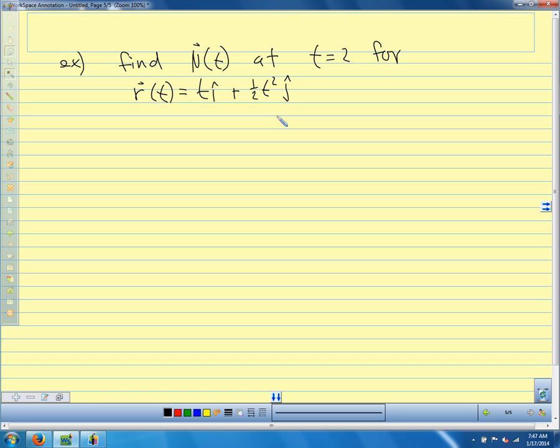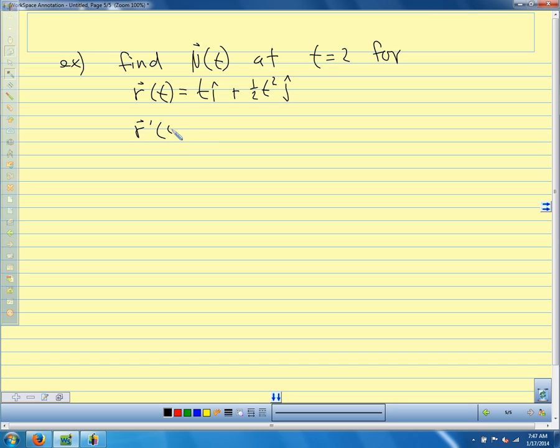So we just have a curve in the plane rather than in space. In order to find our unit normal vector, we have to find our unit tangent vector first. So we're going to go through the process of finding our unit tangent vector.